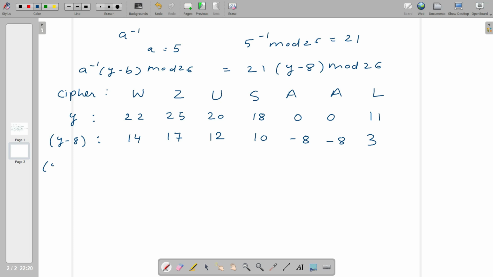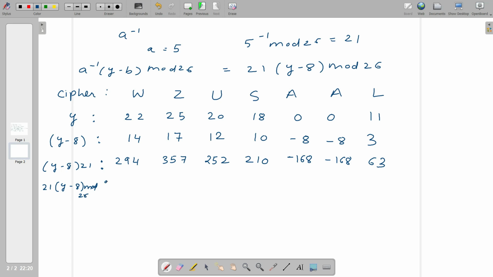Now we are going to multiply (Y minus 8) by 21. So 21 into (Y minus 8) is going to be 294, 357, 252, 210, minus 168, again minus 168, and 63. Now we will calculate 21 (Y minus 8) mod 26.